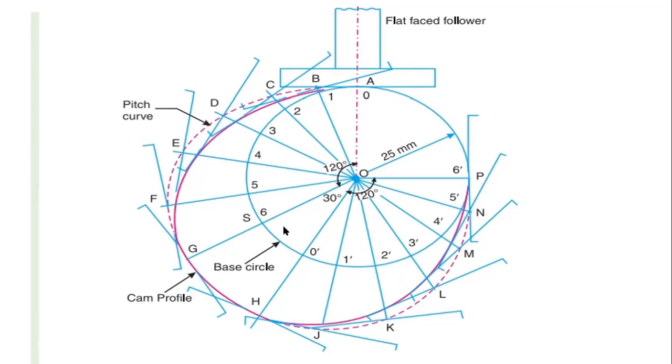Then in a similar way, we have to take the 120 degrees of the return stroke. Take 120 degrees of the return stroke and divide it into 6 equal divisions, following the same pattern.